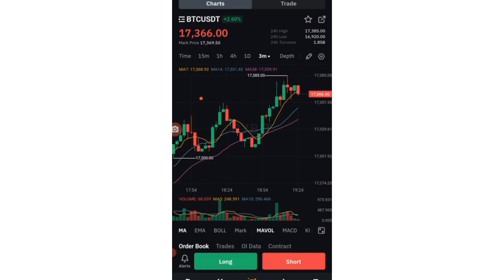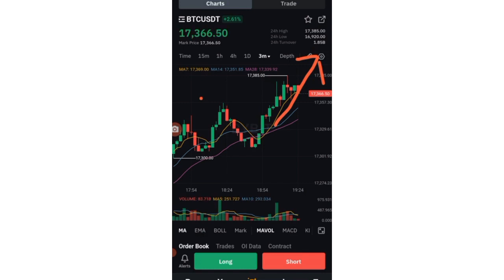Once you have this skill to analyze charts, you'll be able to accurately predict whether price will fall or rise. If you expect that price will rise further, you enter the trade, you buy, and if it rises, you make your profit.